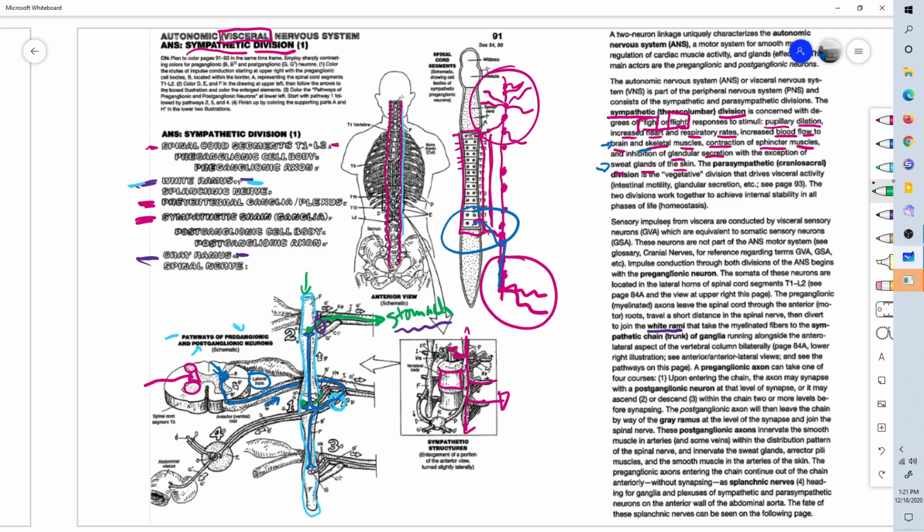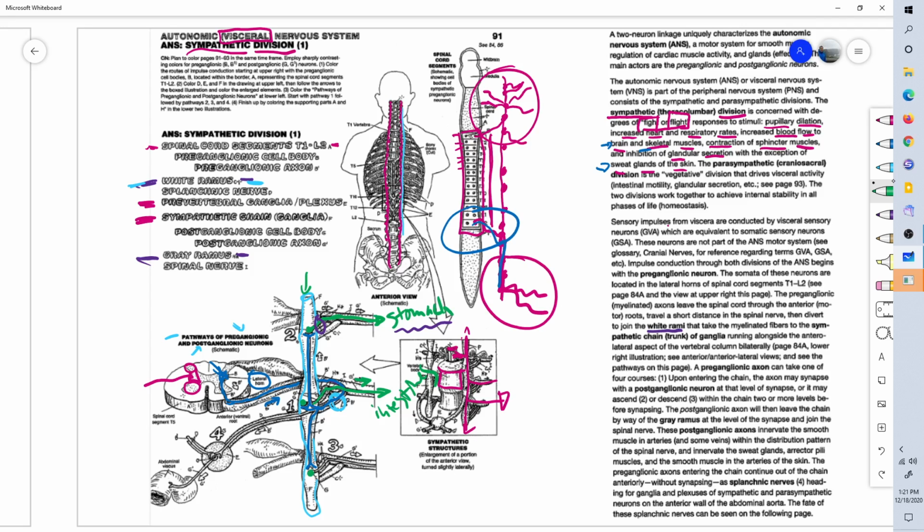Let's follow its postganglionic neuron through the gray ramus to the spinal nerve and out to its destination. Let's imagine that's the intestines.